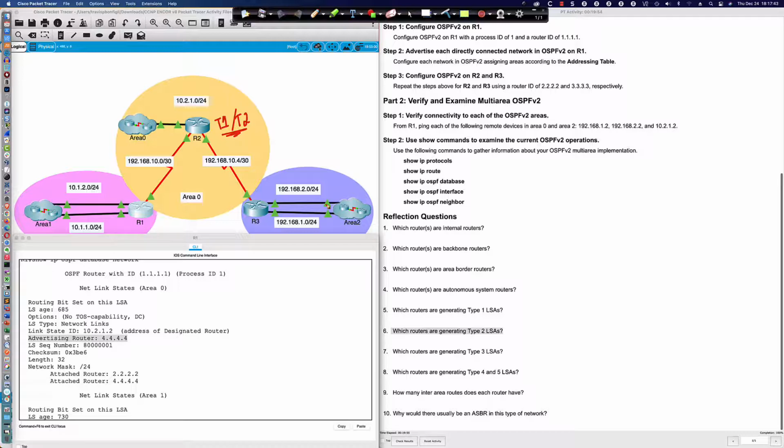That would defeat the purpose of multi-area OSPF. Because remember, if I'm flooding the type 1 LSA everywhere with the link advertisement in the link configuration in that type 1 LSA, then do I need multi-area OSPF? No, I don't, right? So the problem then becomes, we've got this huge single area.